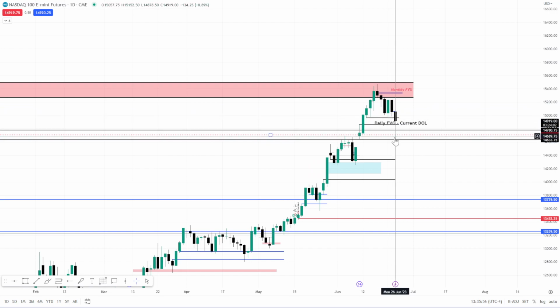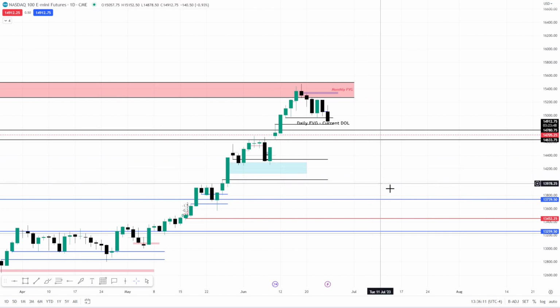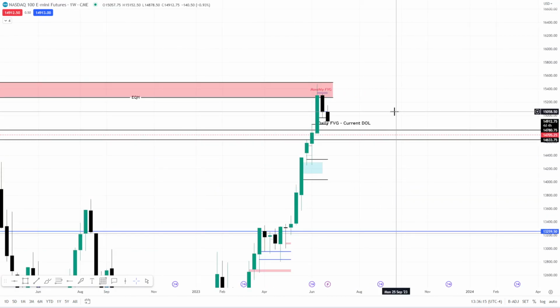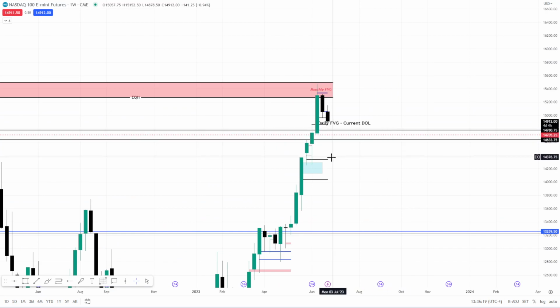We could just work our way down back into this area, and we could have a lot of overlapping days back down there, and then some sort of consolidation. That's kind of what I'm looking to see happen.